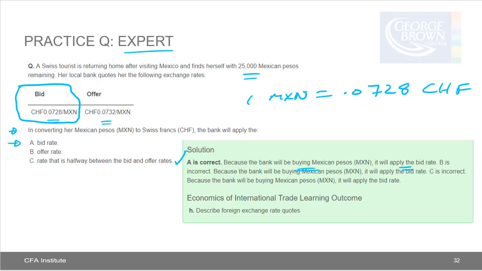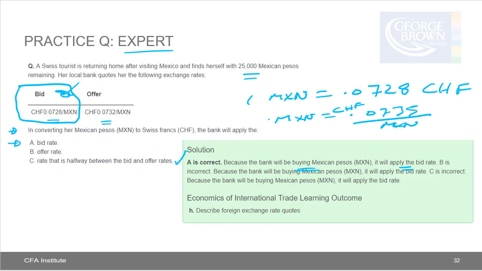Okay, so we could look at a scenario where they're going to ask you, has the currency appreciated or depreciated, and they're giving it to you in the form of a fraction with a numerator and denominator. When you're looking at the denominator, just put the number 1 and write it out this way. So for example, if the exchange rate moved to 0.0735 MXN, okay, so the way that would look in terms of the question would be CHF here and MXN here.